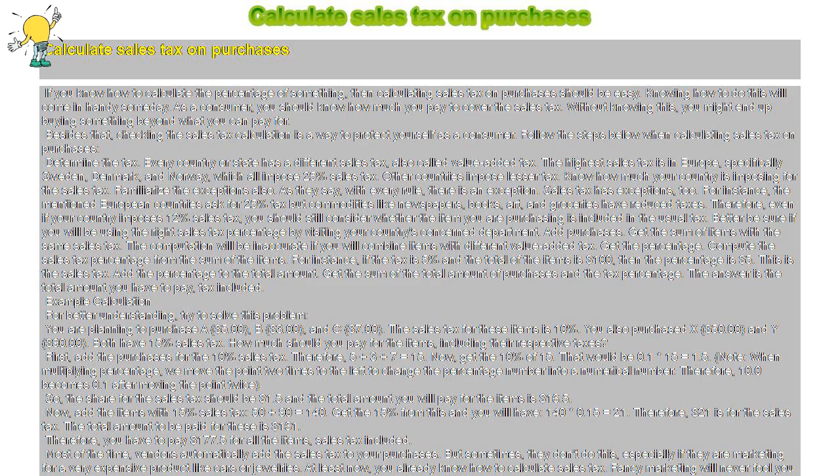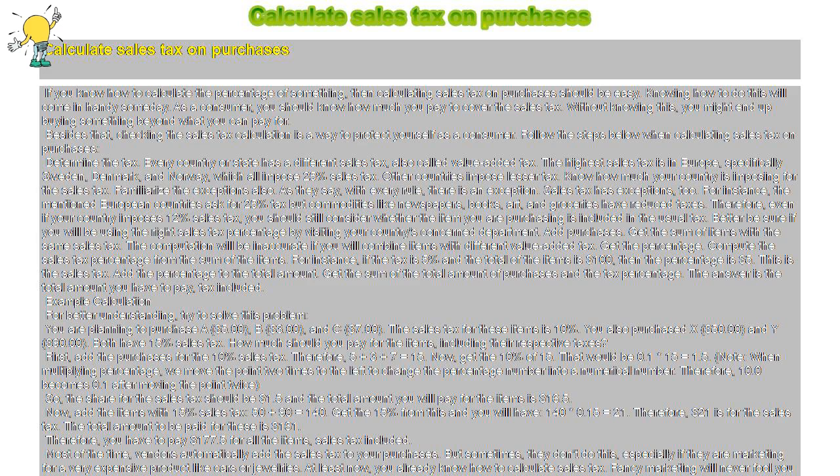You also purchased X, $50, and Y, $90. Both have 15% sales tax. How much should you pay for the items, including their respective taxes?